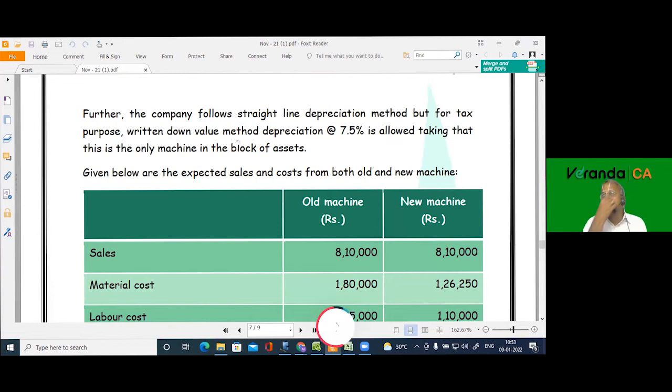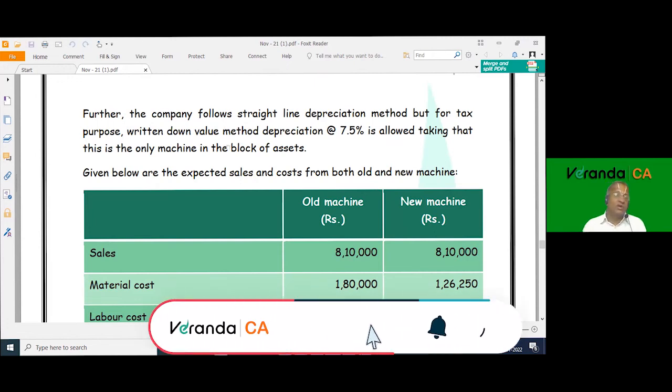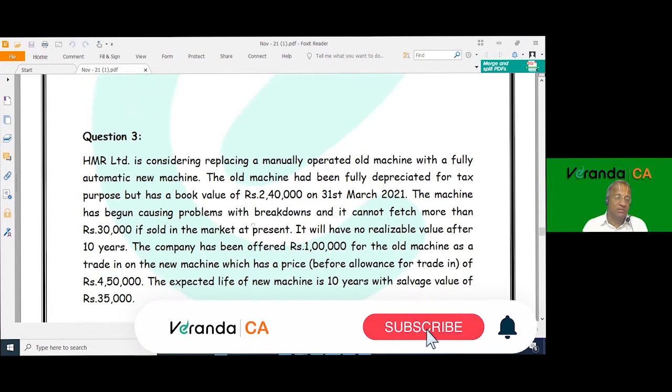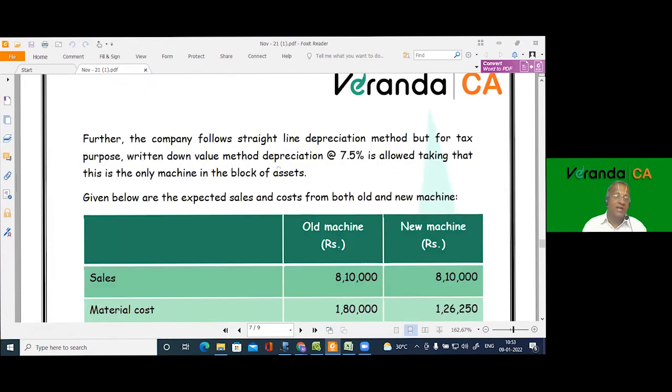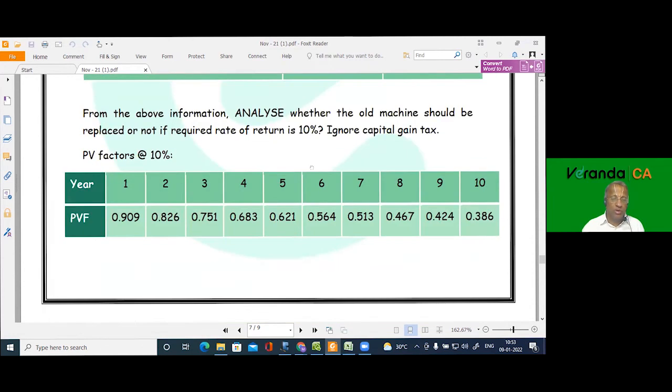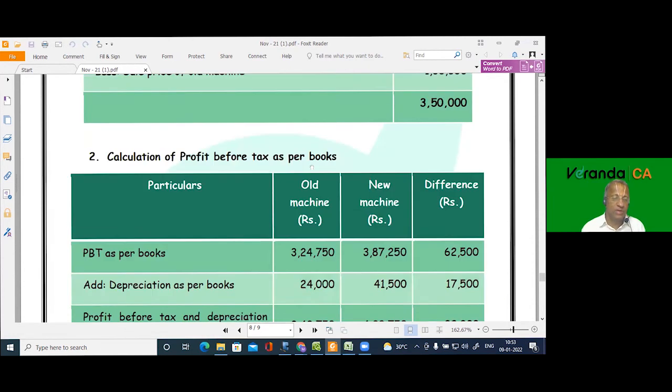Because in the block of assets concept, the book value is 2,40,000, and I do not know whether this is a tax-based item or a book-based item. We do not know. Here they say WDV method, and this is the only machine in the block of assets. So I do not know what exactly the depreciation amount is that they have taken up.